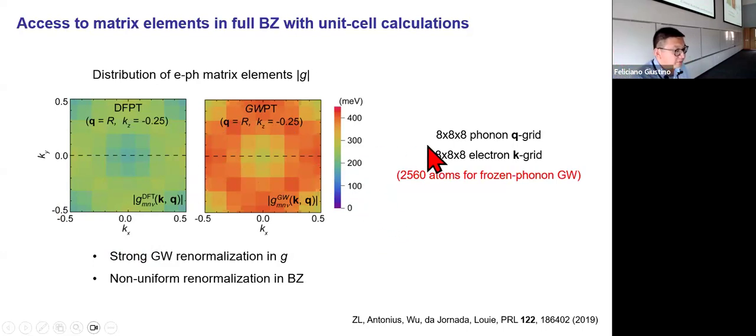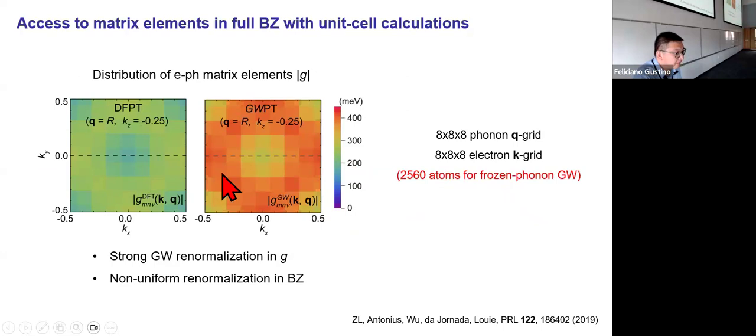So in this plot, we're basically sampling the phonon and electron Brillouin zones with a density of A by A by A. If one were to calculate this information using frozen phonon, one would need to build an A by A by A supercell, which corresponds to over 2,500 atoms, and you need to do a GW calculation on that. So that sounds really bad. But now with GWPT, we can easily access this information.